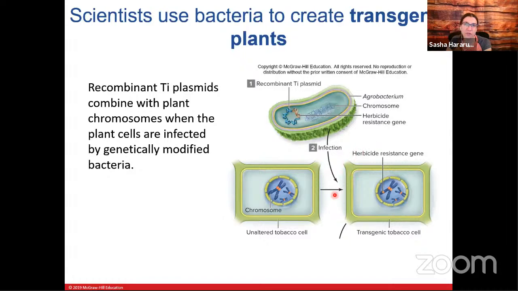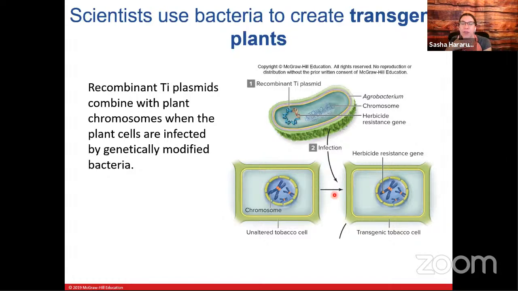This herbicide resistance is very useful in agriculture because when you have a crop of interest, some weeds are present as well. It's not usually a monoculture crop if it's not treated. So farmers are interested in getting rid of weeds and leaving only the culture of interest to increase the yield per unit area.